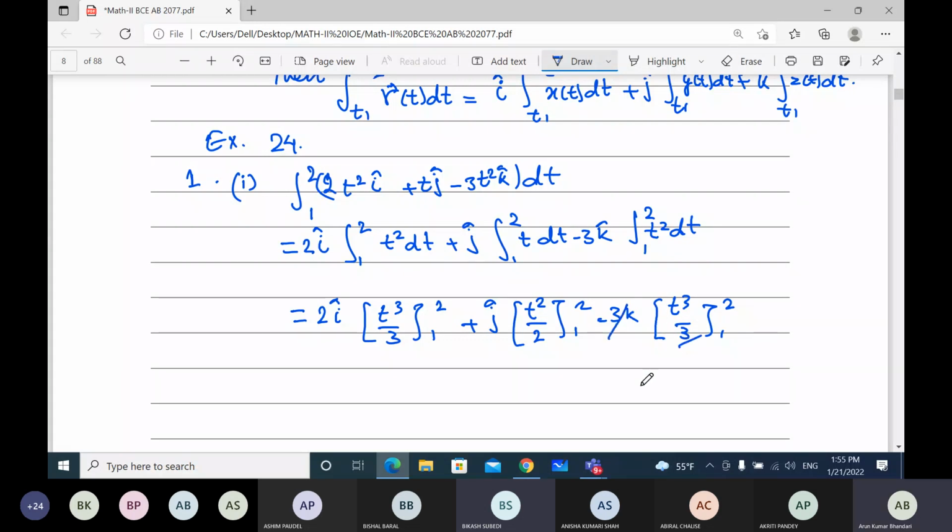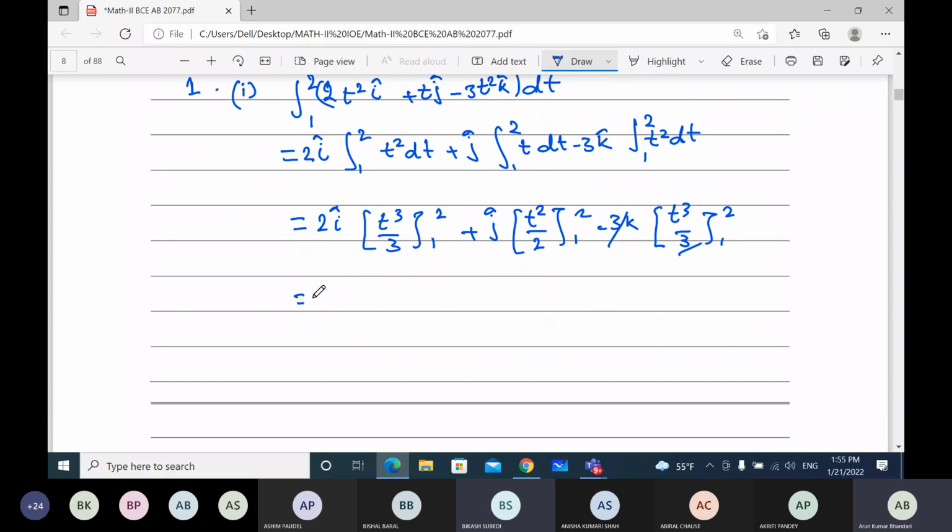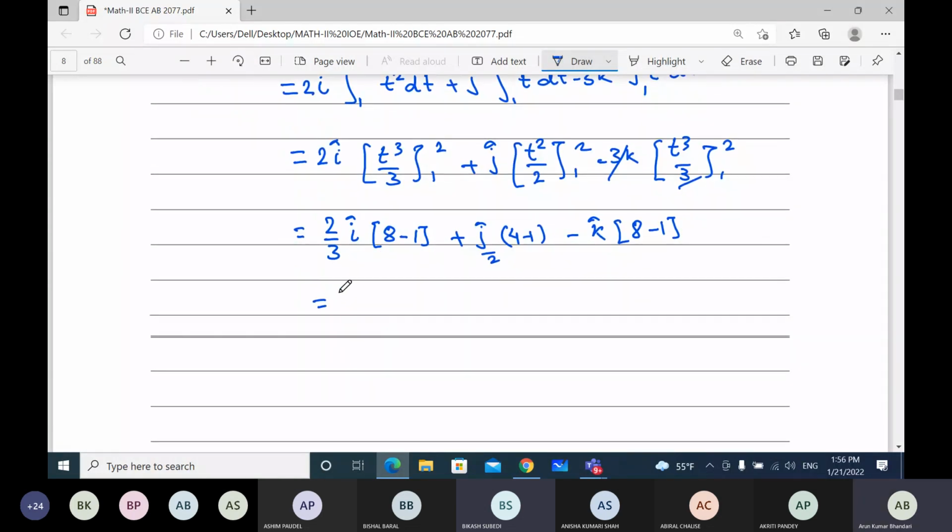This 3 and 3 cancels. This is equal to 2 by 3 i(8 minus 1) plus j by 2(4 minus 1) minus k(8 minus 1). Let's simplify this at once.